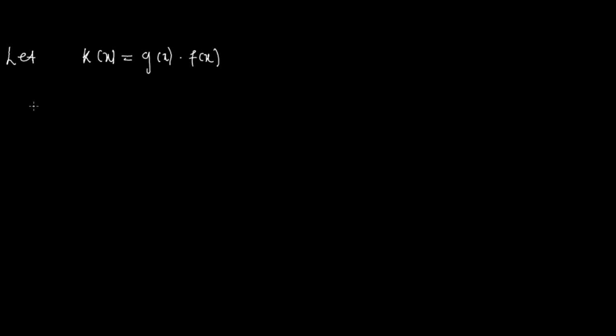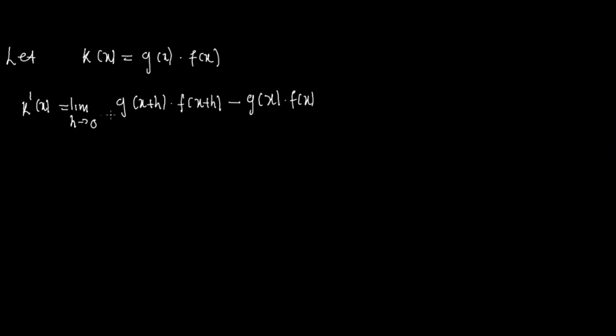So using the first principle, k prime of x will be equal to the limit as h approaches 0 of g of x plus h times f of x plus h minus g of x times f of x, divided by h. So now we need to proceed.